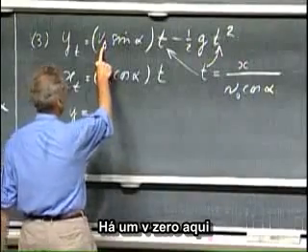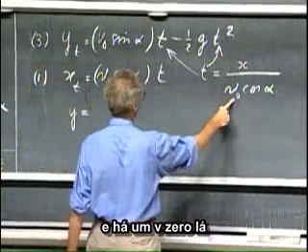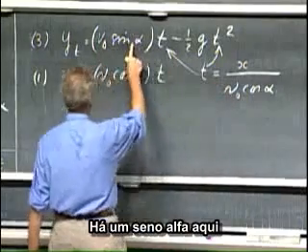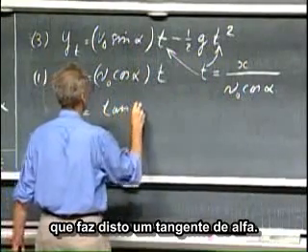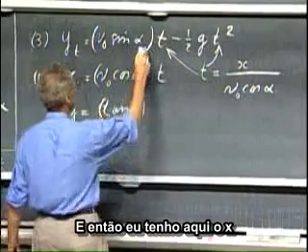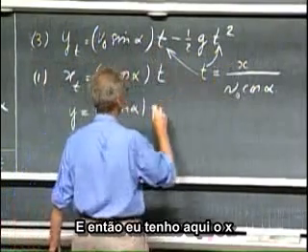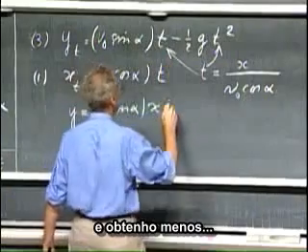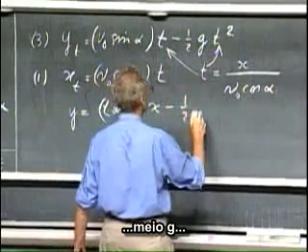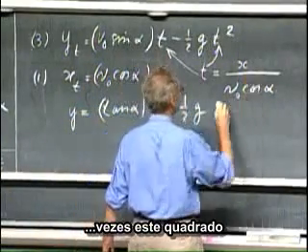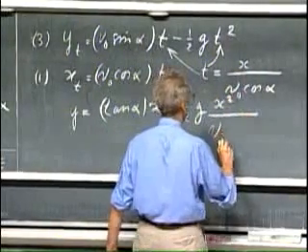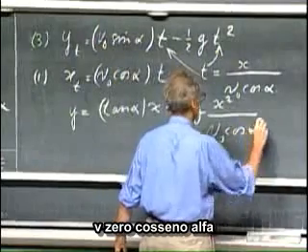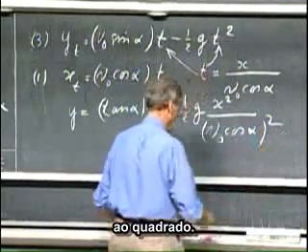There's a v0 here, and there's a v0 there. That cancels. There's a sine alpha here, and a cosine alpha there. That makes it the tangent of alpha, and then I have here an x. Then I get minus 1/2 g times x squared divided by v0 cosine alpha squared.